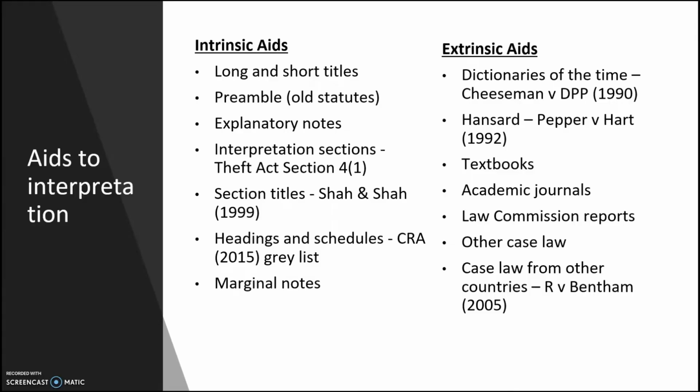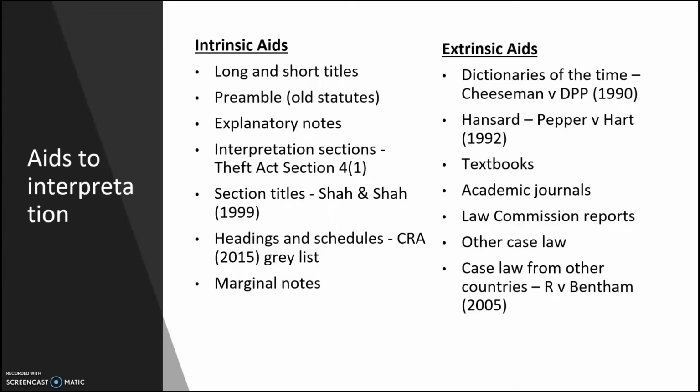Some sections have titles in statutes which can be really useful. A good example of that is in Shah and Shah, where there was a really clear title of one section where the bit was included, and then in another section it wasn't. It was deliberately not mentioned, so that was found to be quite useful by the judge in determining whether the law was included or not under that particular section.